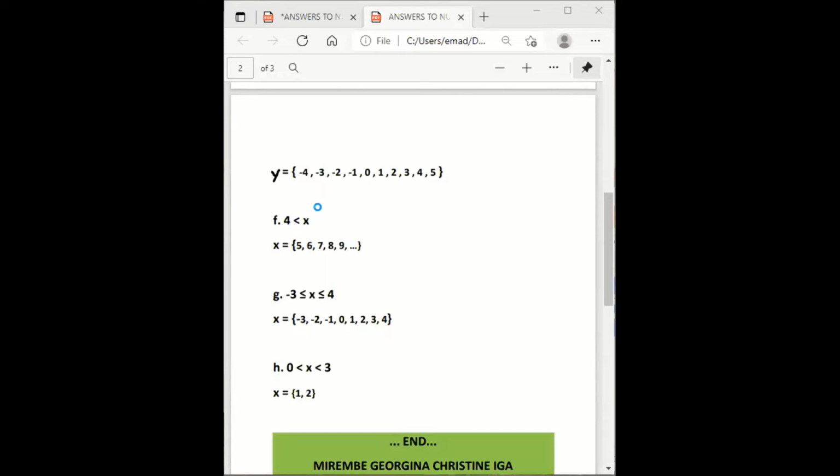Yes, we are writing a solution set for the last example, that is H. So you say x is equal to. Mr. Kaziba, you could write in the meantime, because I see that her system is hanging. So if you could share your screen and then do the writing. Okay. Georgina, could you stop? Okay.